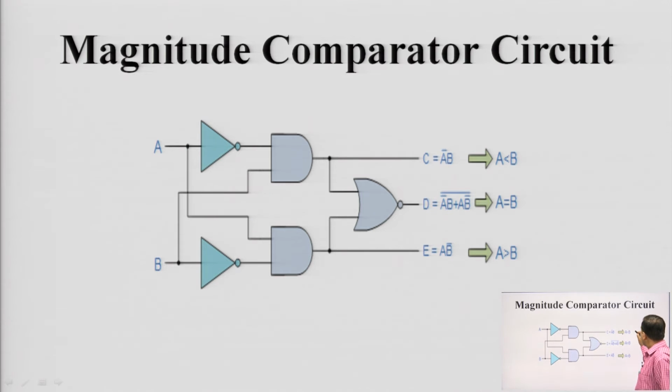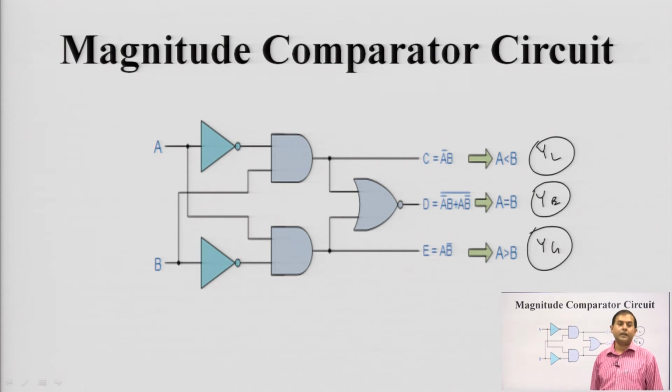This is for y less than, this is for y equal and this is for y greater. We have already written the K map Boolean functions, and we are implementing them using logic gates. Okay. So, this is the magnitude comparator circuit.